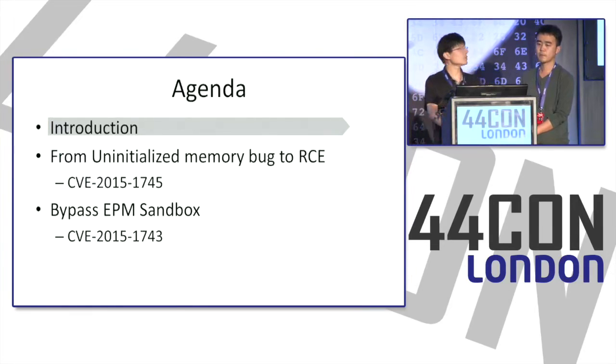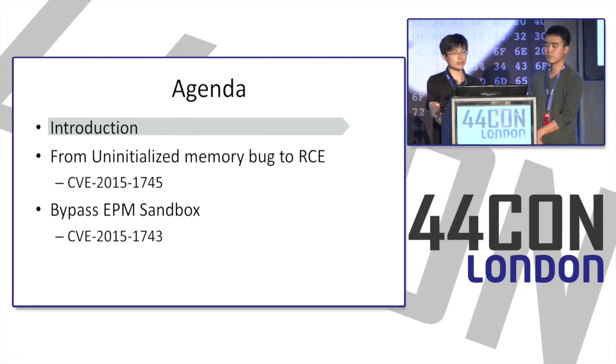This is our agenda today. We used 2 bugs in our Pwn2Own exploit, so basically our agenda contains 2 parts. Part 1, we will introduce the first bug. This is an uninitialized memory bug, which we used to achieve remote code execution in the IE child process.